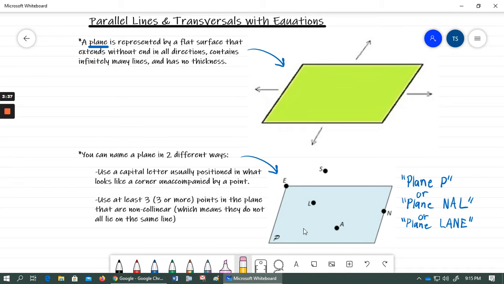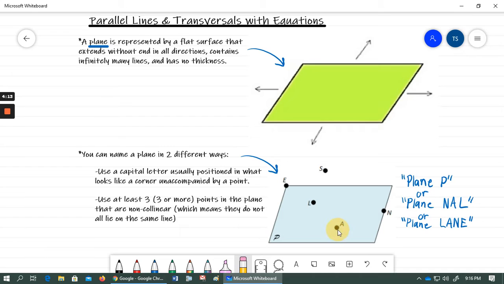So you may use a capital letter that looks like it's positioned in a corner, unaccompanied by a point. What we mean by unaccompanied by a point is you will not see a real, visible point right beside it. That's not to say there aren't points all around it, but you won't see a visible point like you see with point A and point L on this diagram.